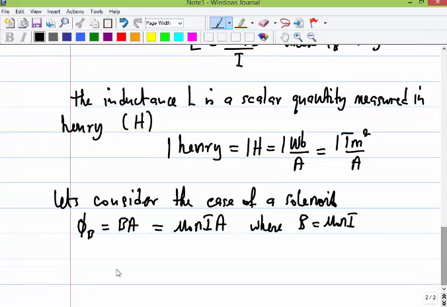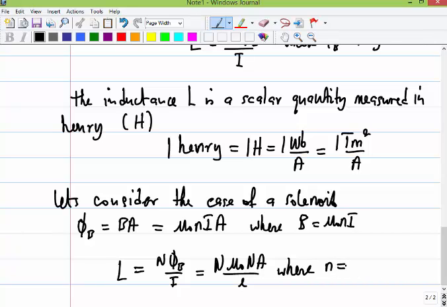The inductance L is N phi subscript B over I, so we write N times mu naught n A over l.